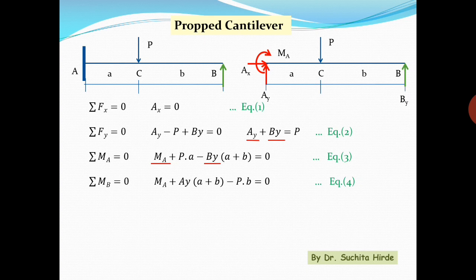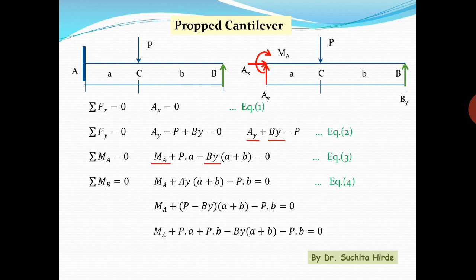Let us see that. From equation 2 we get that Ay is equal to P minus By. Now if we substitute Ay equal to P minus By in equation 4, we will get this equation. And if you expand this, we will get an equation like this, that is MA minus P into A plus P into B minus By into (A plus B) minus P into B is equal to 0.